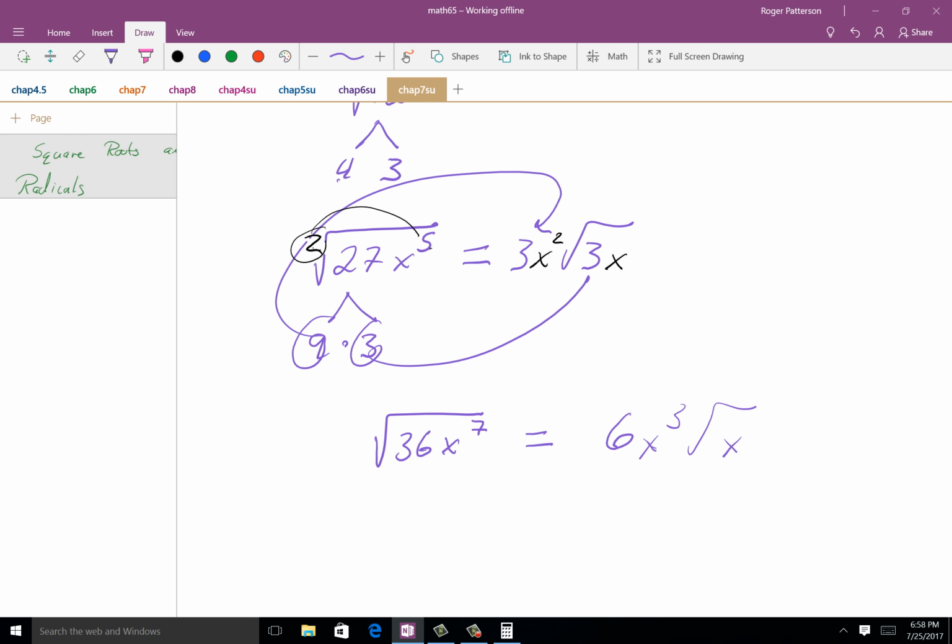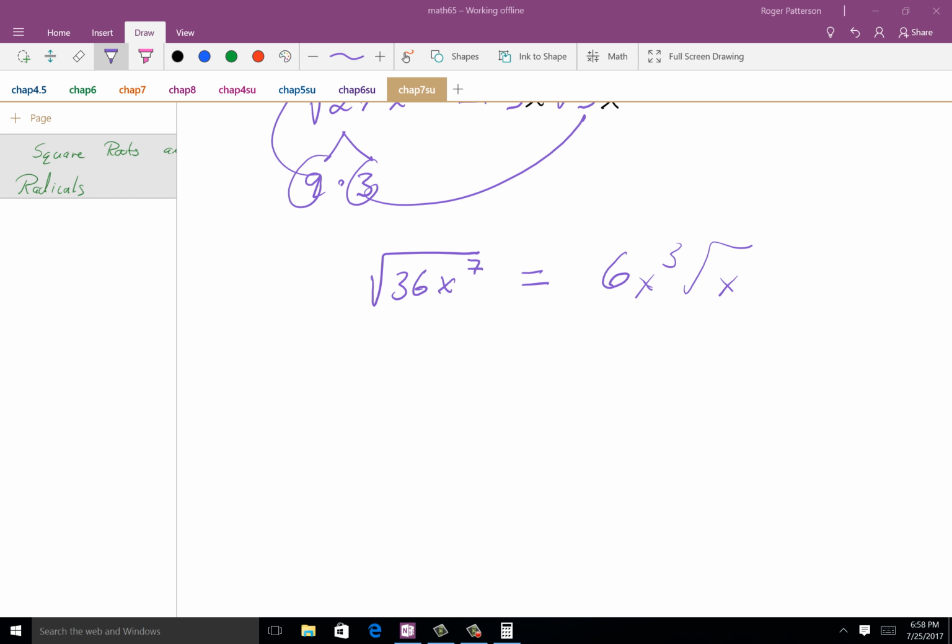Okay, so let's continue to simplify. Let's do something like this: square root of 5 over 16.